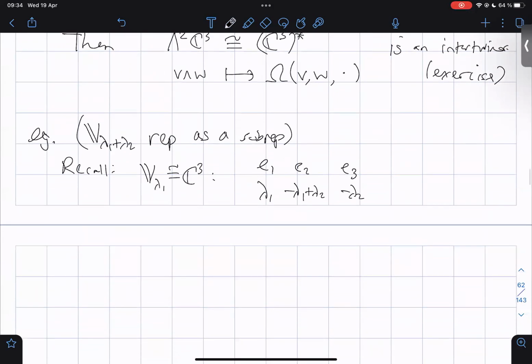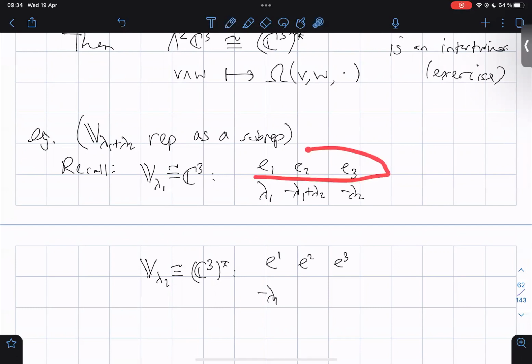For C3 dual, you have the corresponding covectors, the corresponding dual basis, and the weights for these are just the negatives of the weights of the original ones.